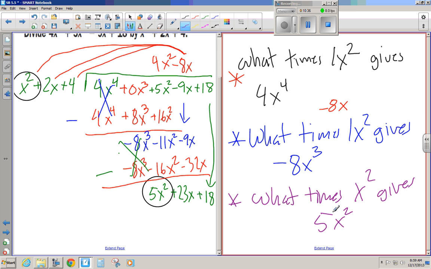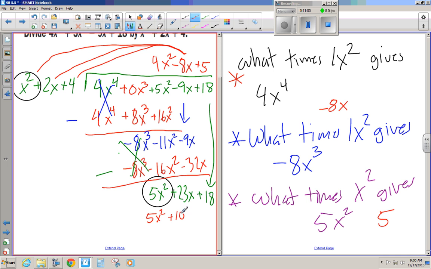So you should be coming back and saying to yourself that what times x squared gives 5x squared. All you have to multiply by is 5. So you put a plus 5 and work it out. 5 times x squared, 5x squared. 5 times 2x, that's plus 10x. 5 times 4 is plus 20.